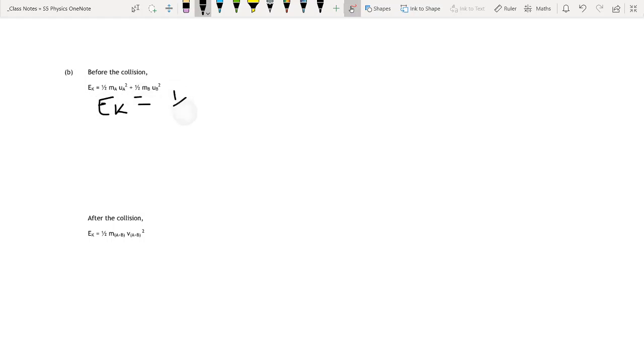So half times 1,200 times by the initial speed of A, which was 20 squared, plus the half times mass of B, which was 800, times by 0 squared, which is 0. So we've just got half times 1,200 times 20 squared. So that comes to 240,000 joules.